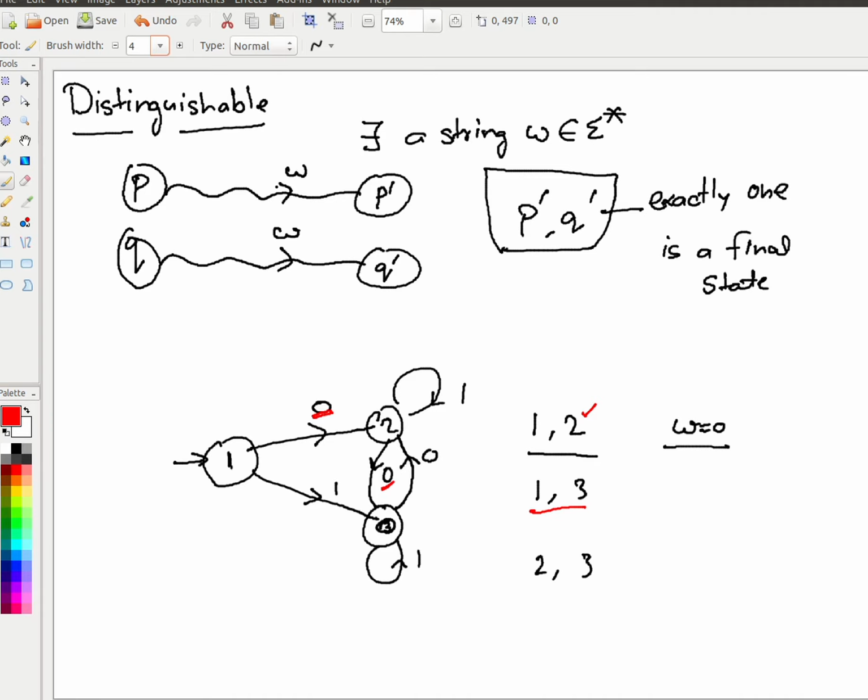The answer is no, it's not equivalent. This is distinguishable. Now can you tell me what the string is? I want to hear from somebody, because it's actually the smallest length string that distinguishes it.